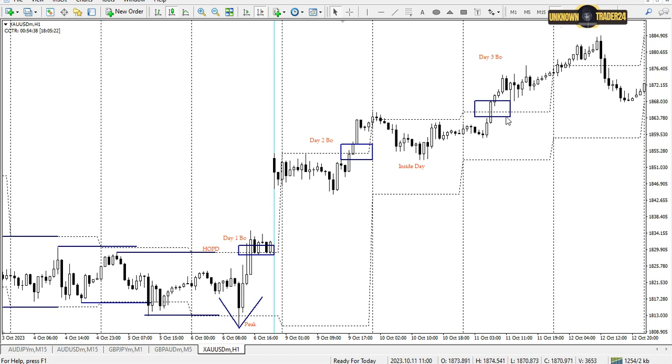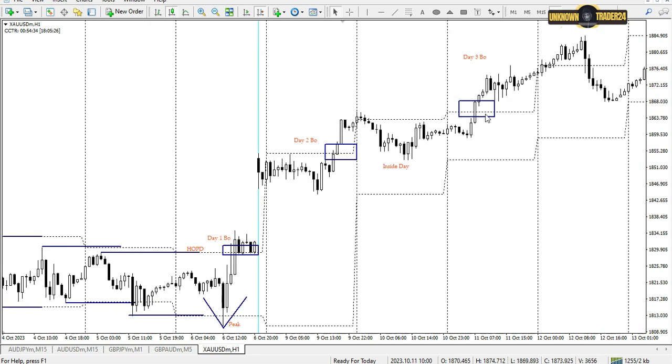However, on a day 3, one of two things is going to happen. It's going to go up or reverse. Most of the day trades will reverse. Bear that in mind. That's where we will start talking about the setup.